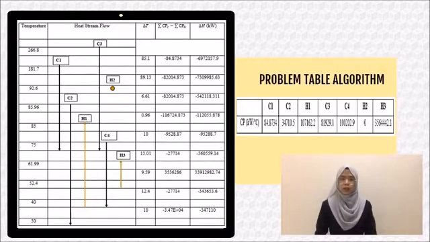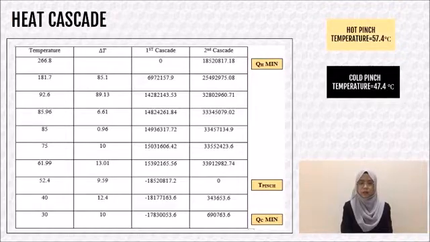The data extracted will be inserted into the problem table algorithm. The purpose of the heat cascade diagram is to locate the hot and cold pinch temperature as well as the minimum requirement of hot and cold utility. From the calculation, the hot and cold pinch temperature is 57.4 degrees Celsius and 47.4 degrees Celsius respectively.